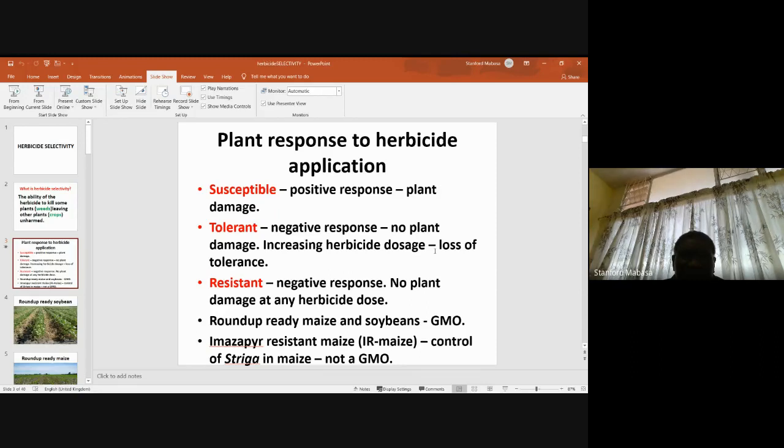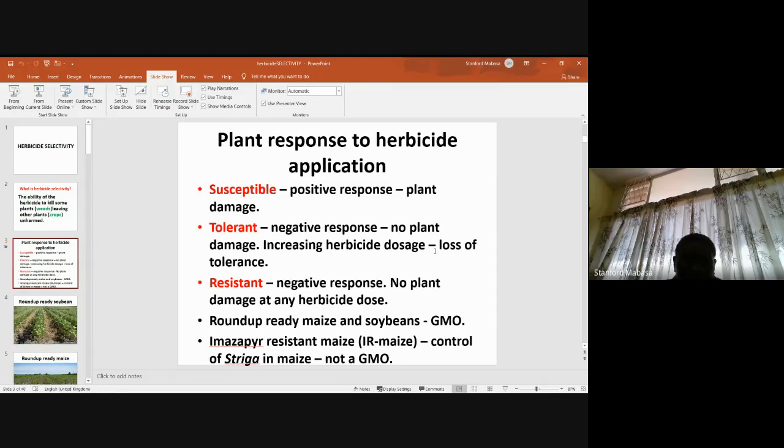The other response is tolerance, where you have a negative response. In this case, there's no plant damage. We expect this to happen to a crop. However, if herbicide dosage is increased, there could be loss of this tolerance.